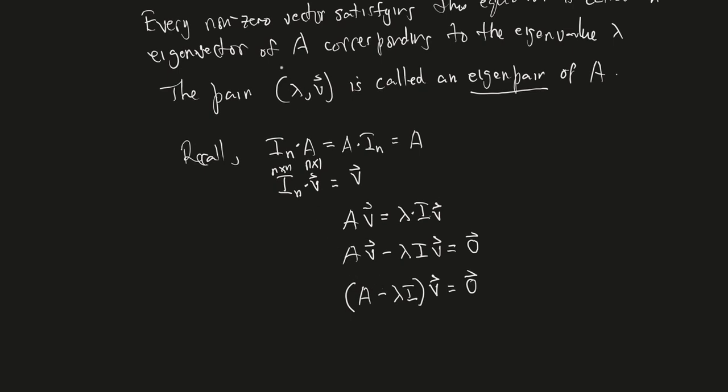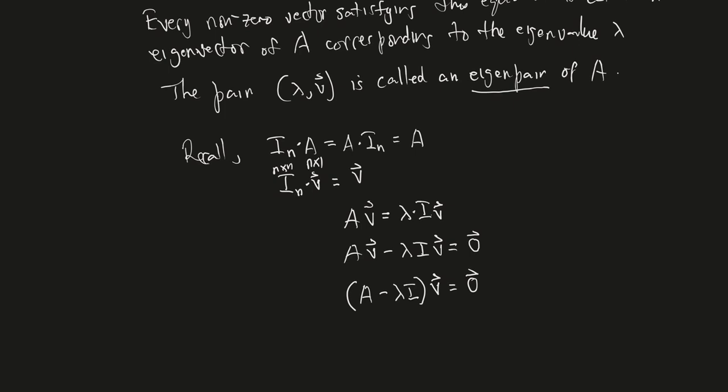Now, the definition says that the vector has to be non-zero. In other words, we want to find a non-zero solution for this equation. This equation is homogeneous because we have a column of zeros on the right-hand side.